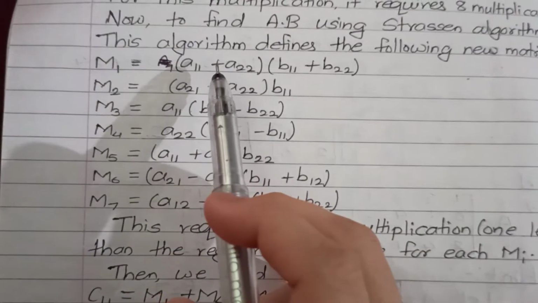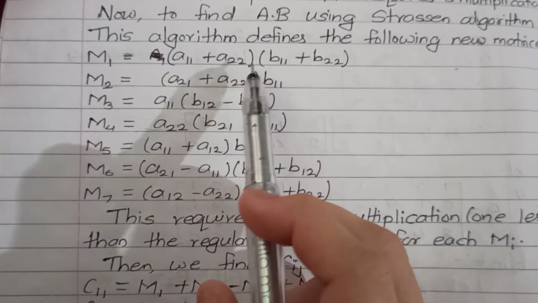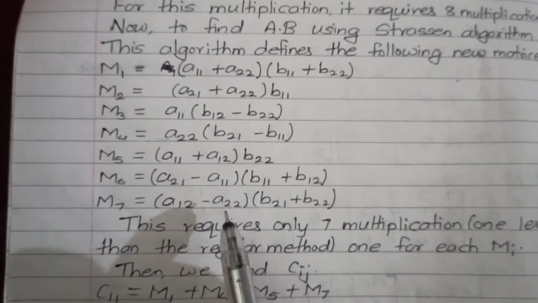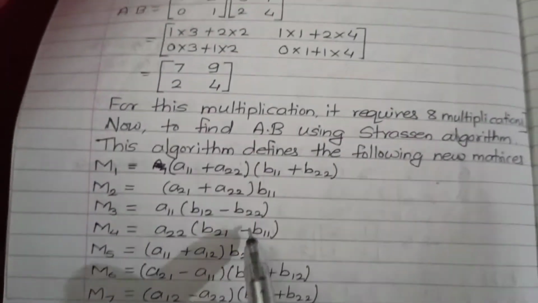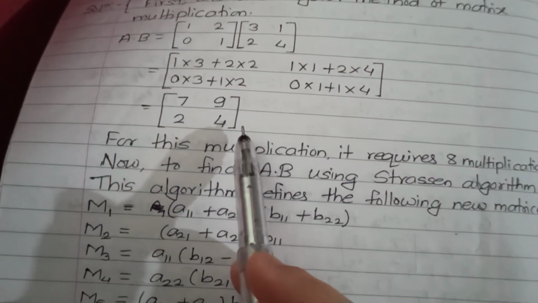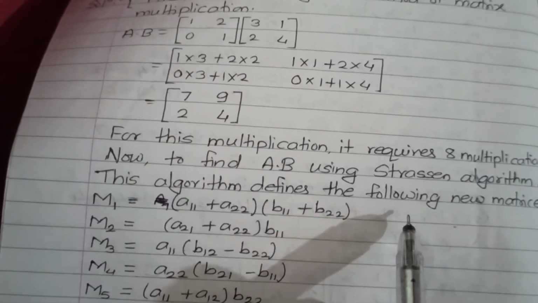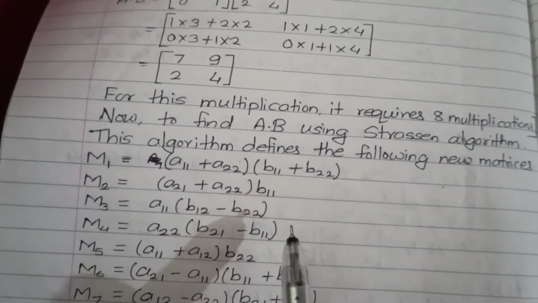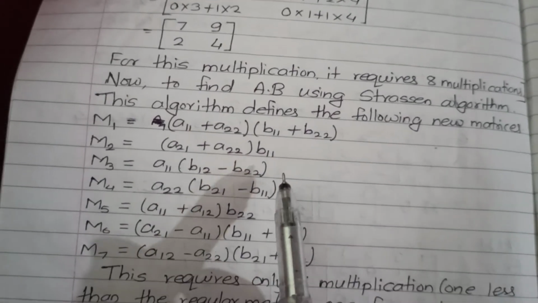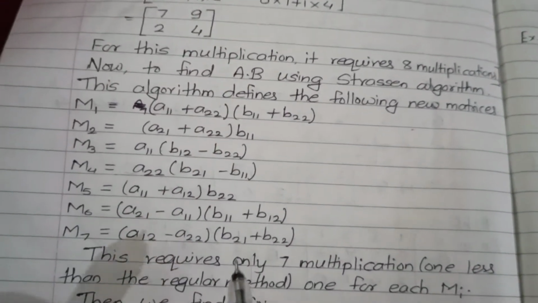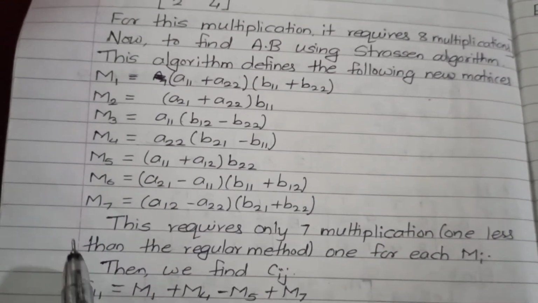So in each Mi there requires only one multiplication, so total we require 7 multiplications, and we have seen earlier that regular method requires 8 multiplications. So Strassen's algorithm is using one multiplication less than the regular method. So this is the fast multiplication of matrices.